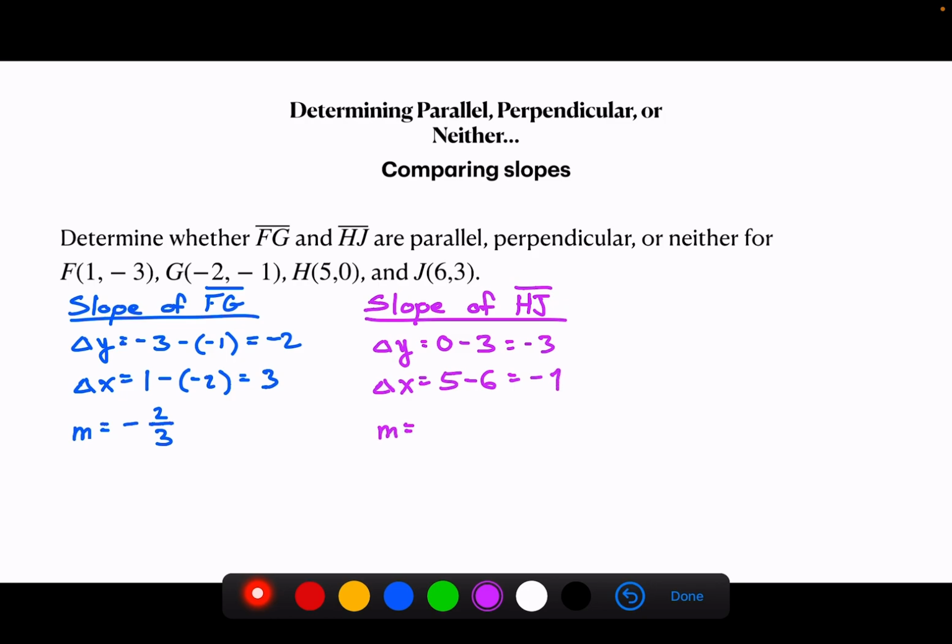Our m is going to equal 3 over -1, which simplifies to -3. -2/3 and -3 do not equal each other. So they are not parallel.